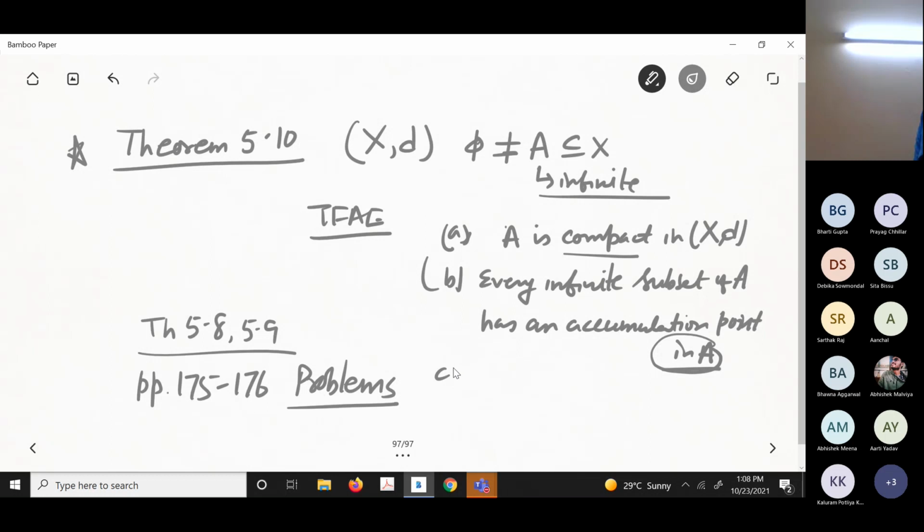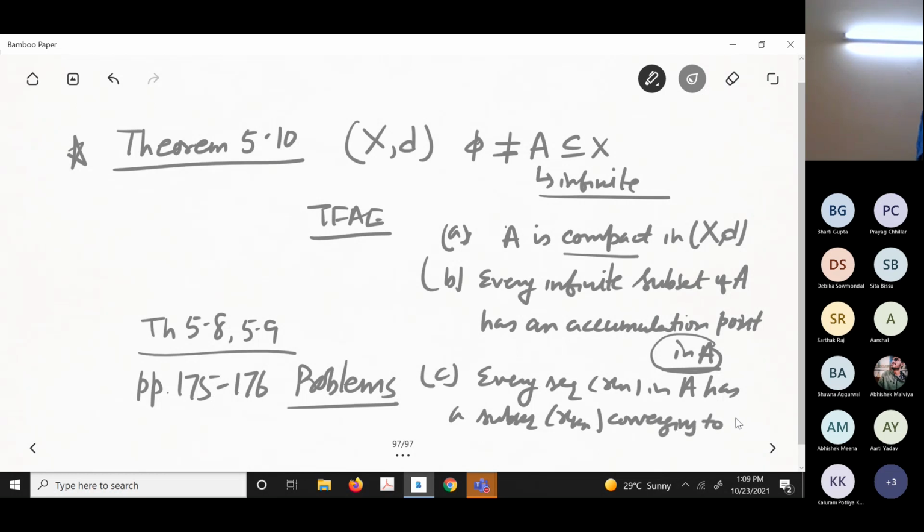Okay, and C, look here: every sequence xn in A has a subsequence converging to a point in A. Again, because A has to be closed, the point is in A. This is required.